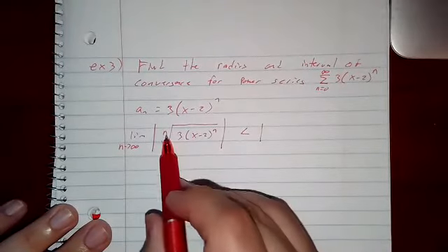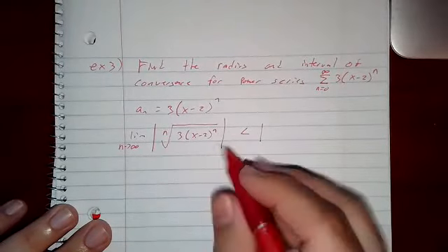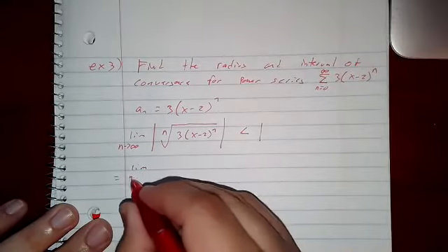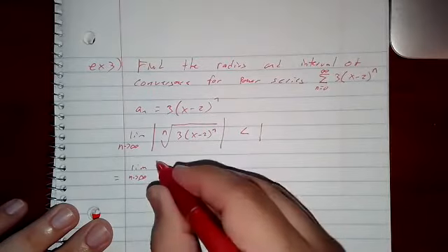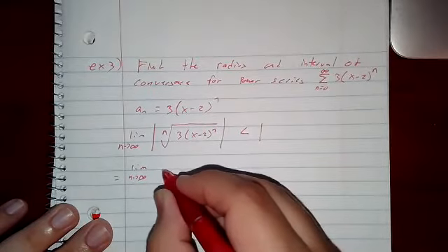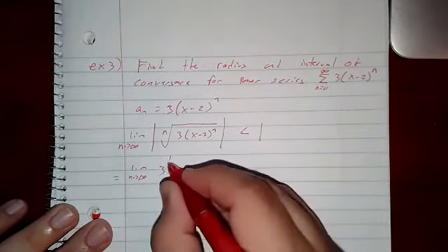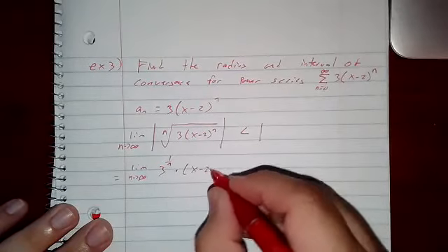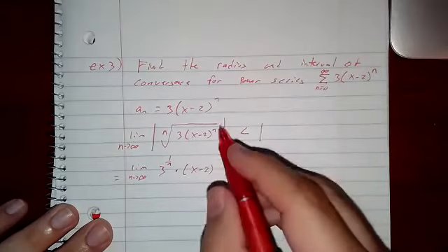So this n will cancel with this one. So let me show an extra step here. So we're going to have 3 to the 1 over n times x minus 2, because the n's would cancel, right?